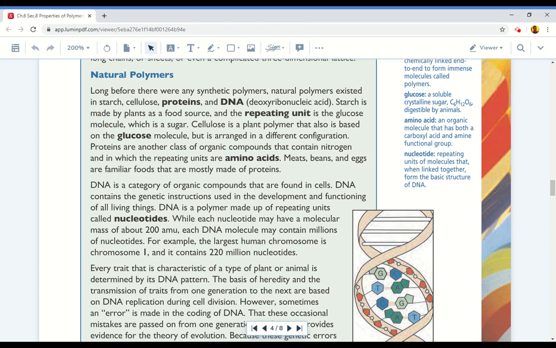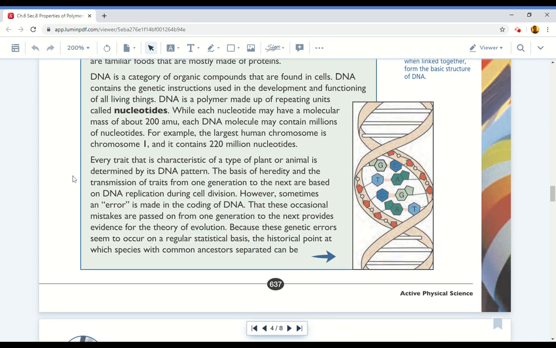Cellulose is a plant polymer that is also based on the glucose molecule, but is arranged in a different configuration. Proteins are another class of organic compounds that contain nitrogen and in which the repeating units are amino acids. Meats, beans, and eggs are familiar foods that are mostly made of proteins.